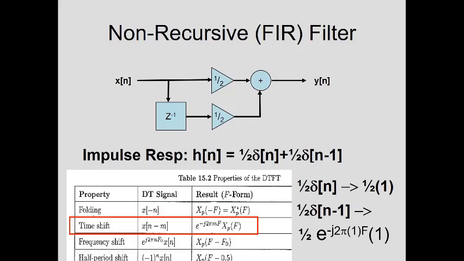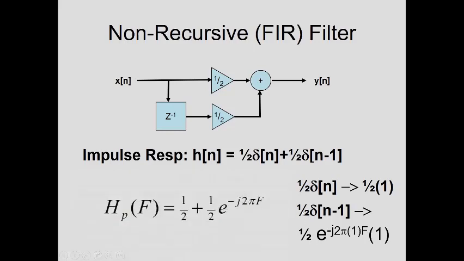And since we had a 1/2 out in front, we have a 1/2 out in front again. So together, the total discrete time Fourier transform frequency response is 1/2 plus 1/2 e to the minus j 2 pi f, again, something we derived using the definitions previously.